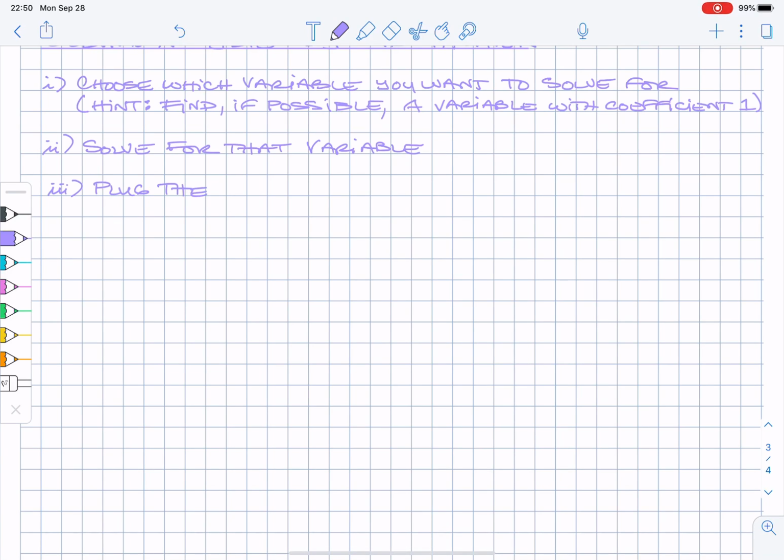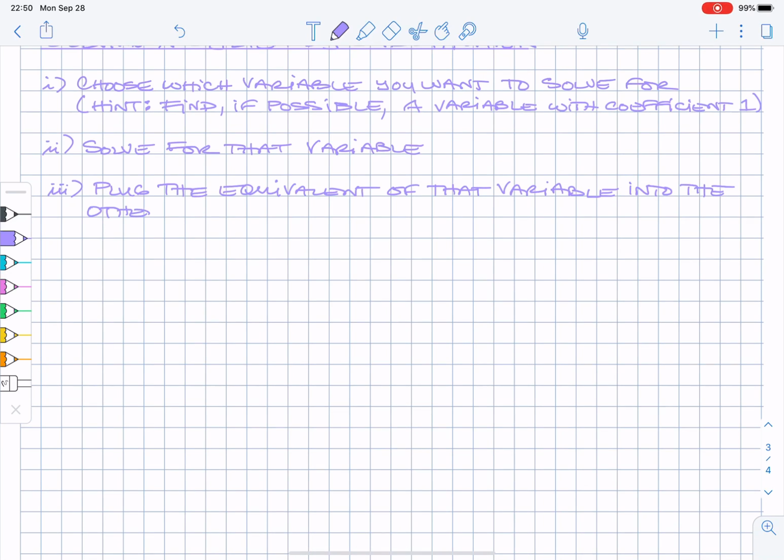Number 4: solve for the remaining variable.